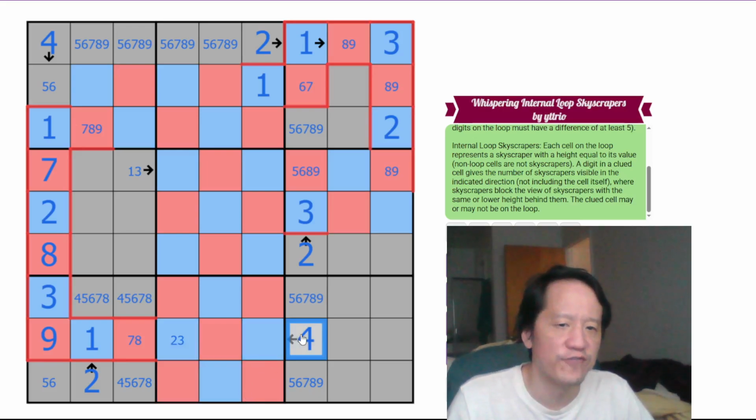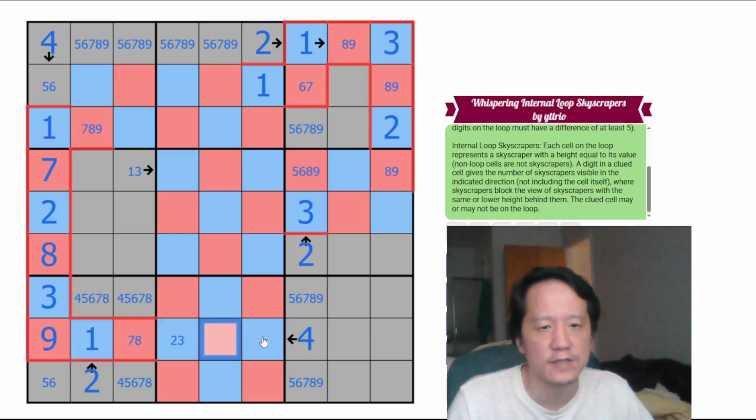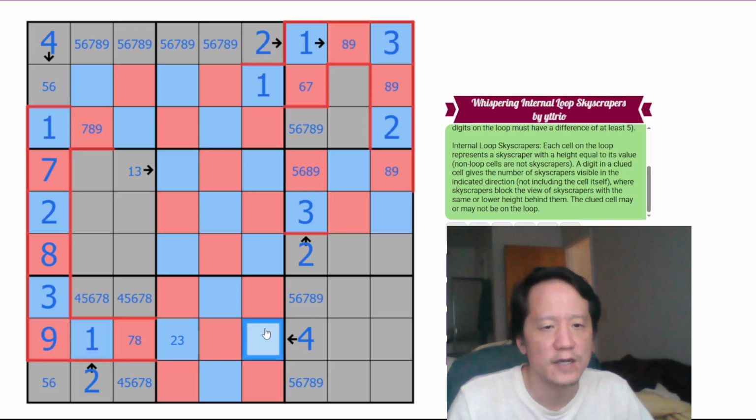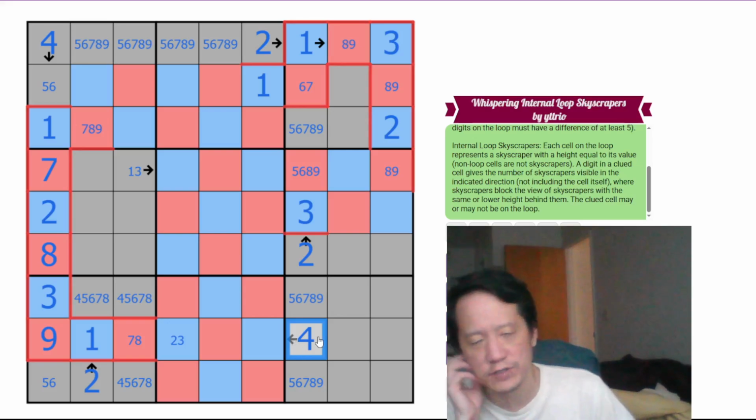So, okay, this is 4. It cannot see these, just these. It has to see this or this. If it sees that, it still sees 3. If it sees this and these 4, I guess it could be 3, right? Can this ever be 4 is the question.